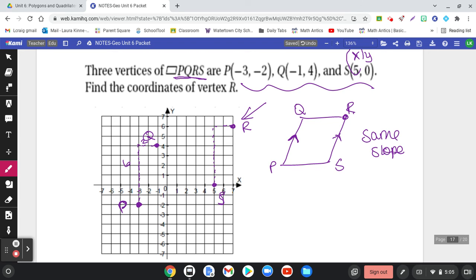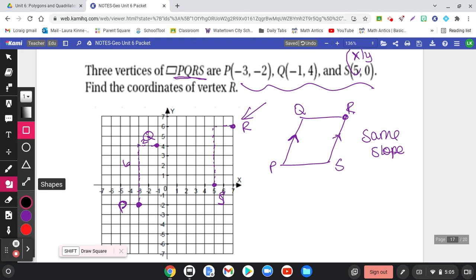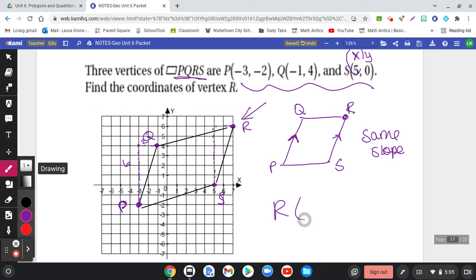It's the same thing. So I'm going to just connect my points. Oops, I don't want that. I want a line. And you'll see that you have a parallelogram. Now answer the question, what are the coordinates of R? It's the point 7, 6.